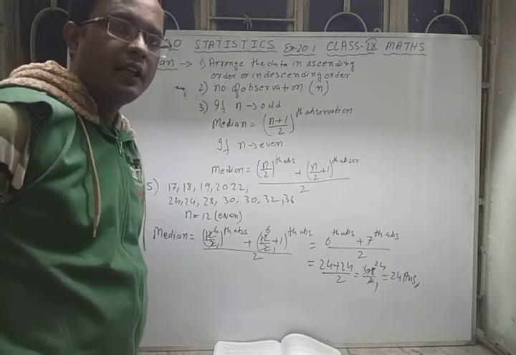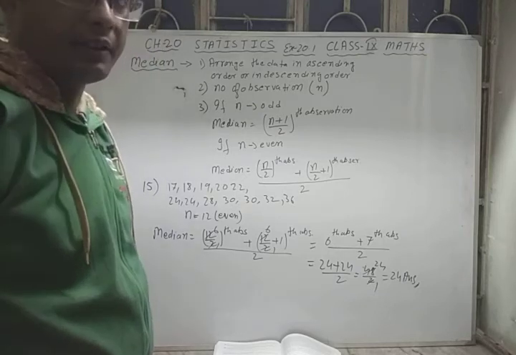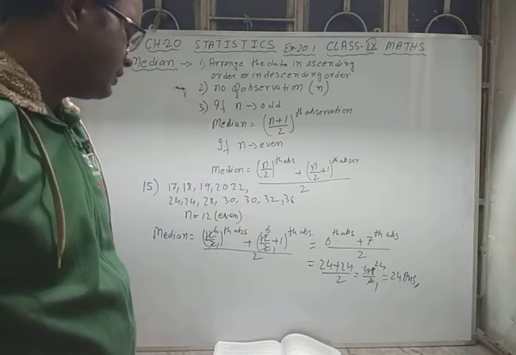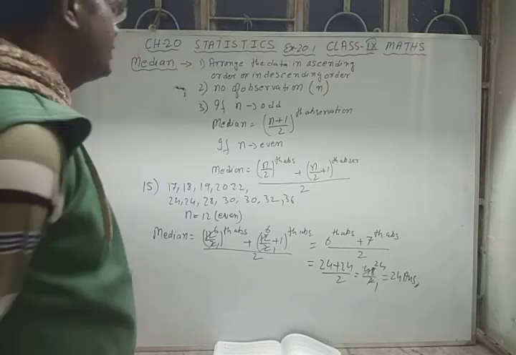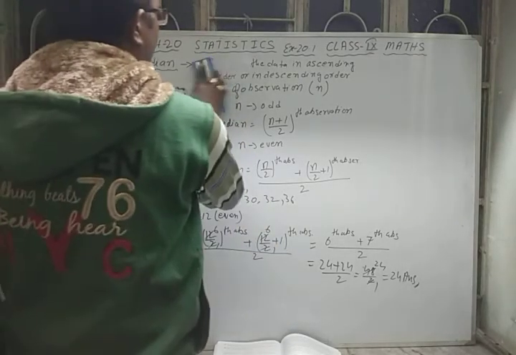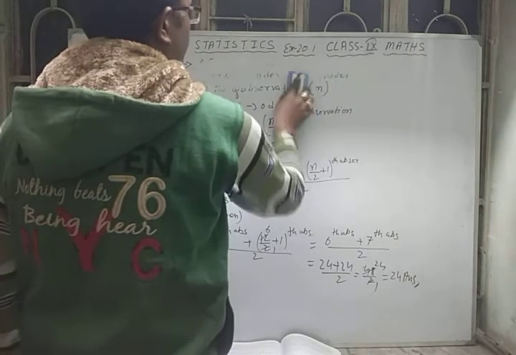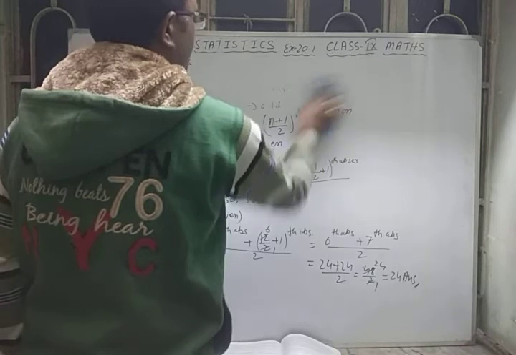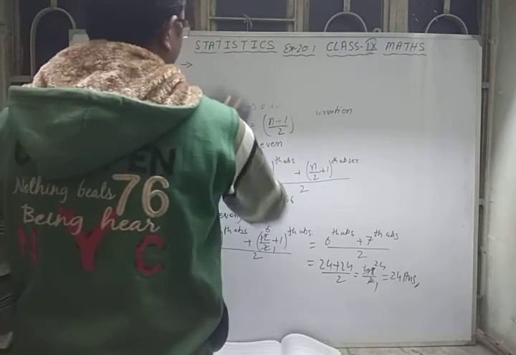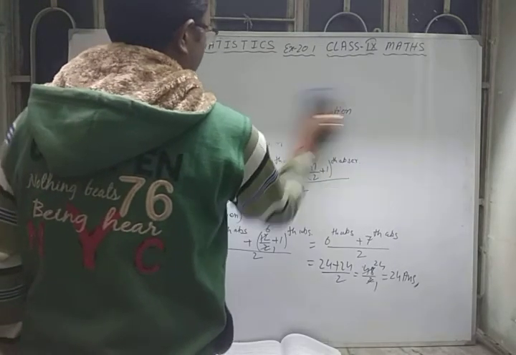X means one of the observations is absent. We have to find that observation. So how will you find it? Just see. I think you have understood the logic of median for ungrouped data.